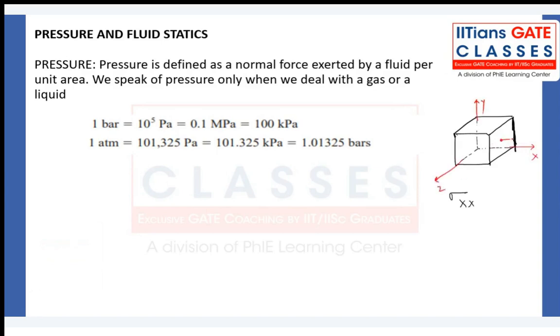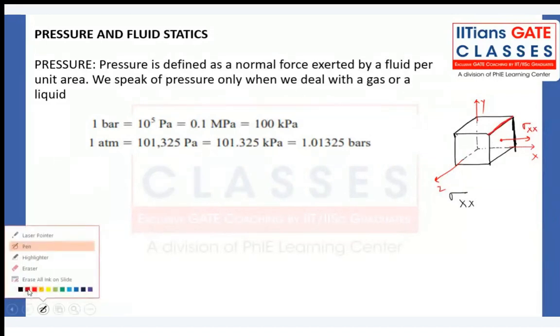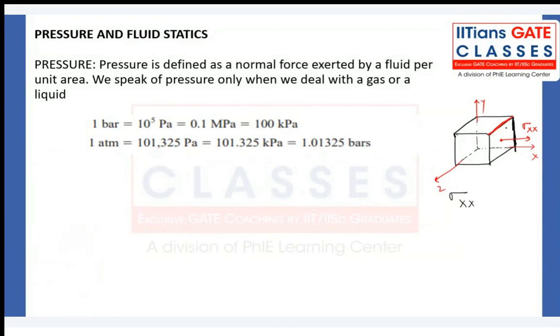So what about this sigma? On which face is it acting? This is acting on a particular x face, right? What is the meaning of face? The face which is perpendicular to that particular plane, right? Now, I am saying that this particular plane is an x plane, because the x axis is passing through that. That is the x face and x direction.